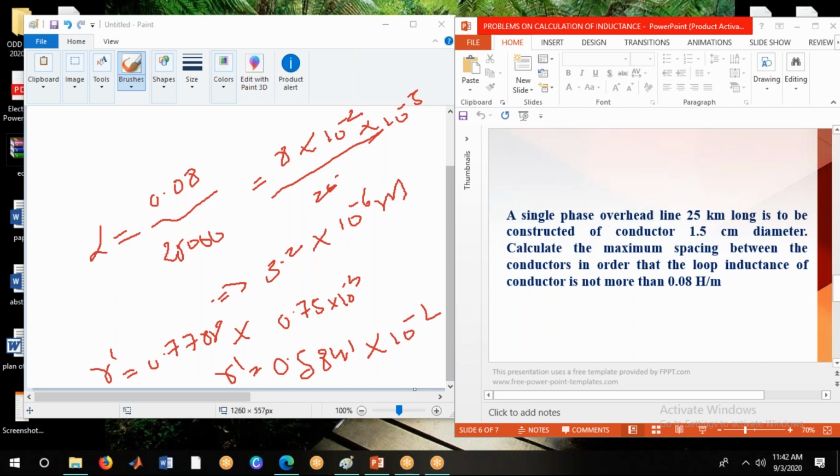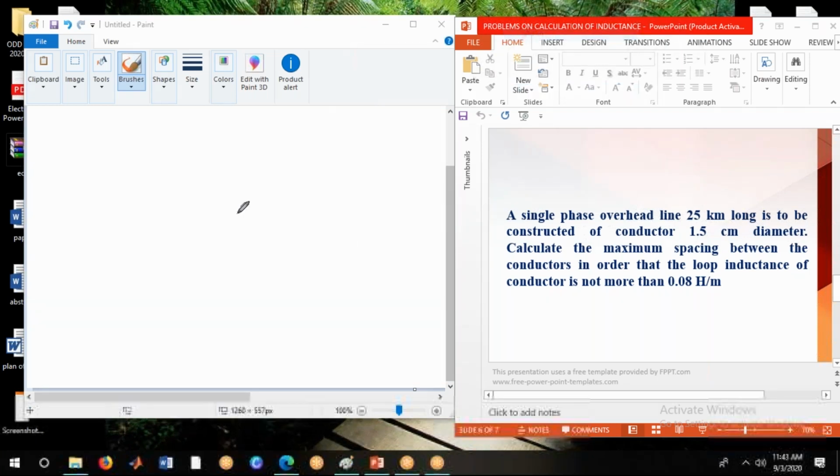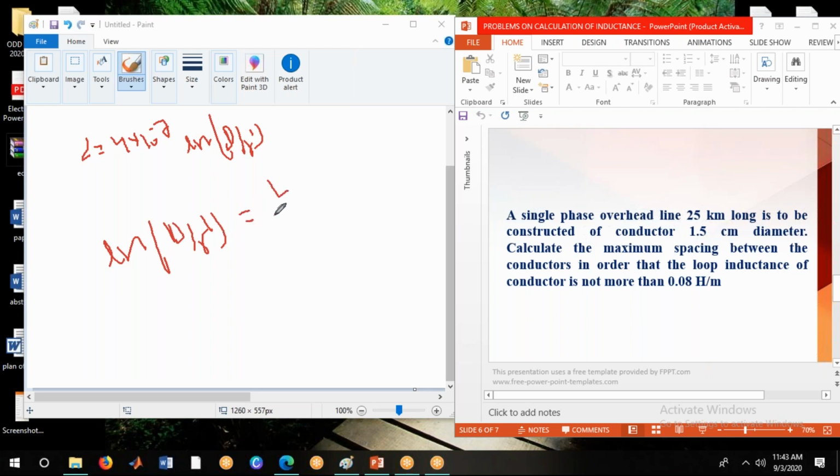Now we will substitute in the final equation, then we can find the value of D. Our equation is L equals to 4 into 10 power minus 7 log D by R dash. From this we have to find log D by R dash equals to L divided by 4 into 10 power minus 7.